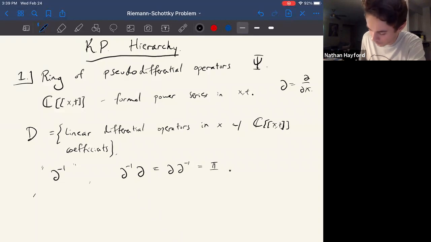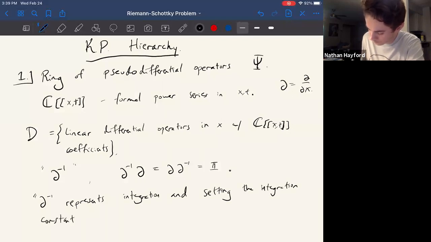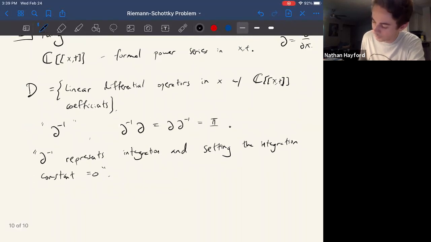I'll write that in words. D inverse represents integration and setting the integration constant equal to 0. So the ring of pseudo-differential operators now, I'll write like this.